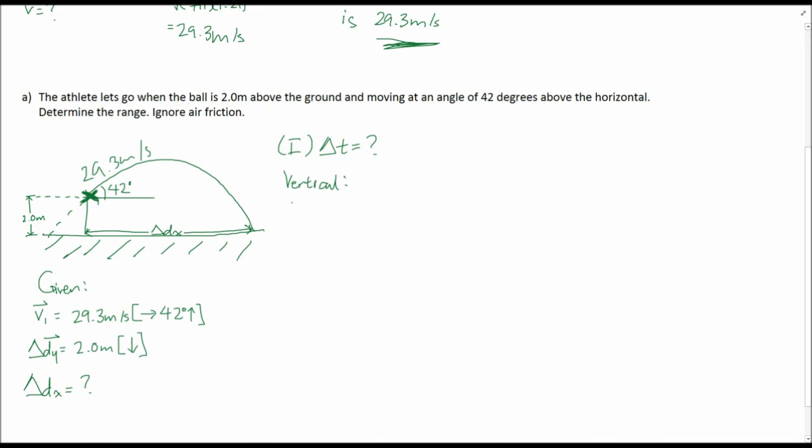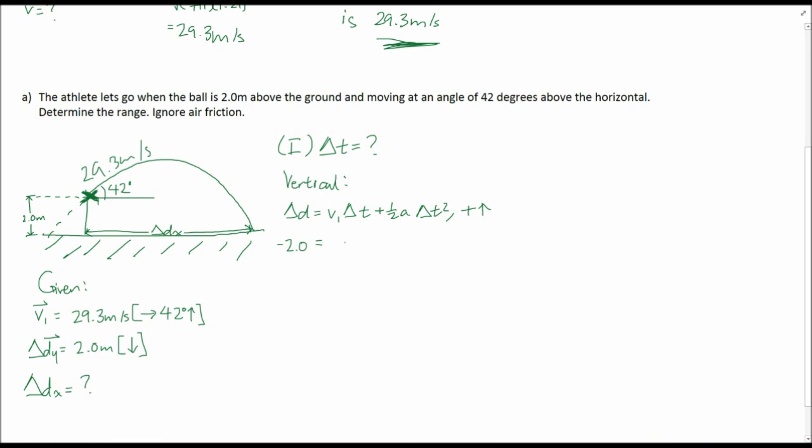And the formula we're going to use is delta d is equal to v1 delta t plus 1/2 a delta t squared. Positive is up. So from here we just plug in our values.